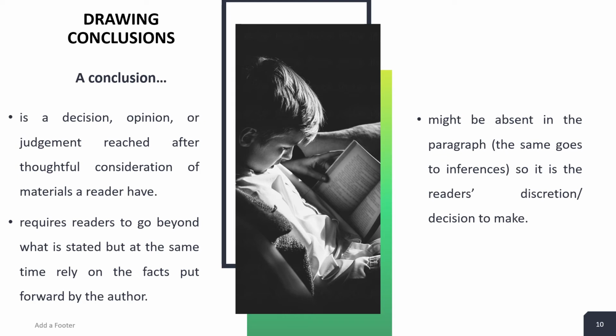Even though the author sometimes does not provide a conclusion to the readers, they will include some facts or information that would be very important to connect all the information and to construct the conclusion later. So a conclusion might be absent in the paragraph. Yeah, a conclusion might be absent.